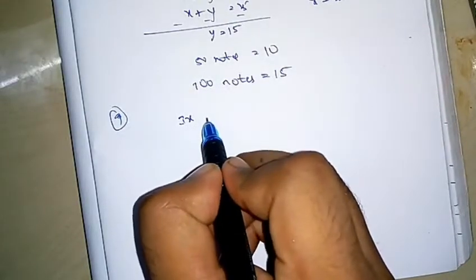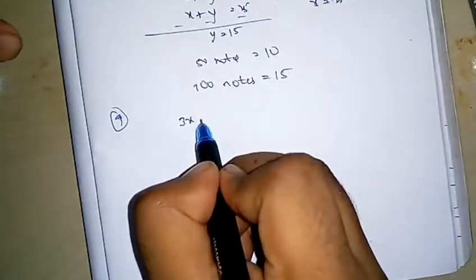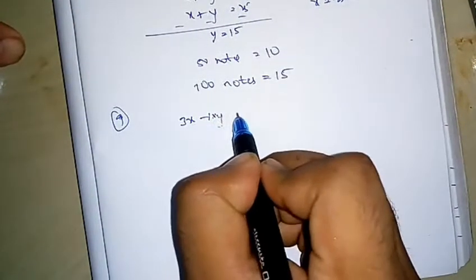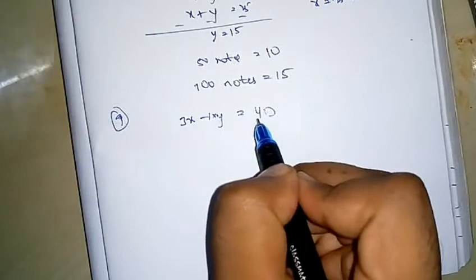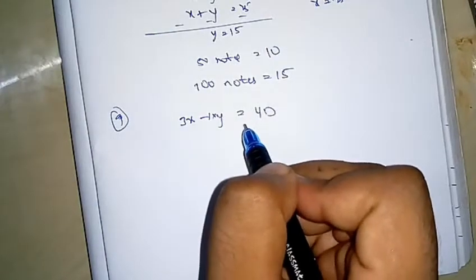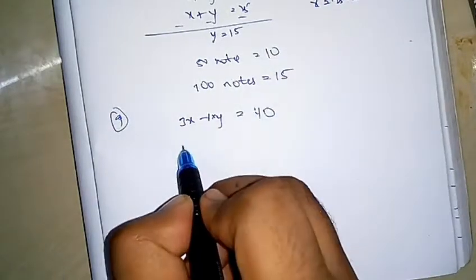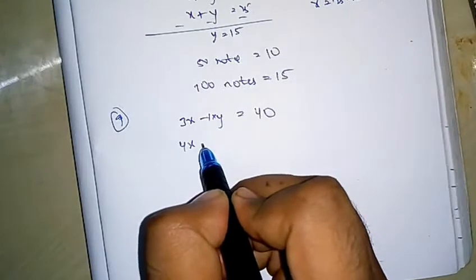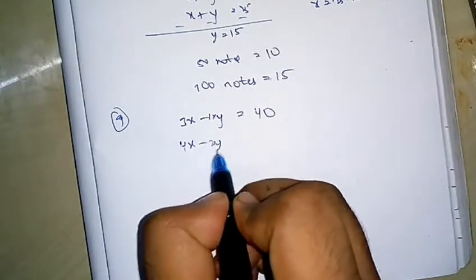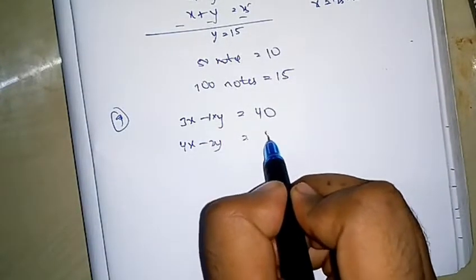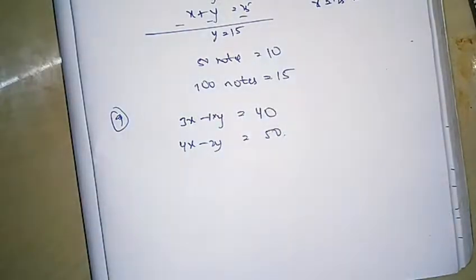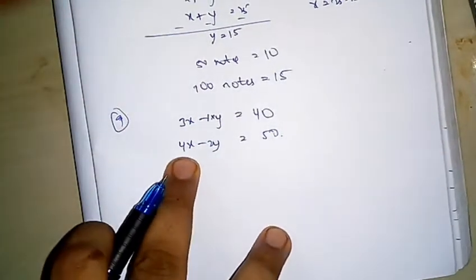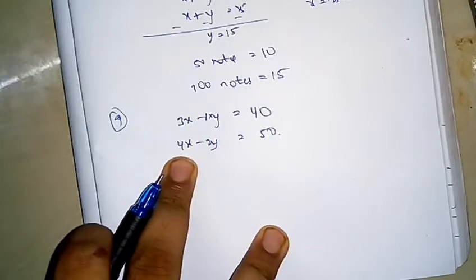So 3x minus 1 into y is equal to 40. And 4x minus 2y is equal to 50. How many questions were there in the test? So you have to find x plus y.